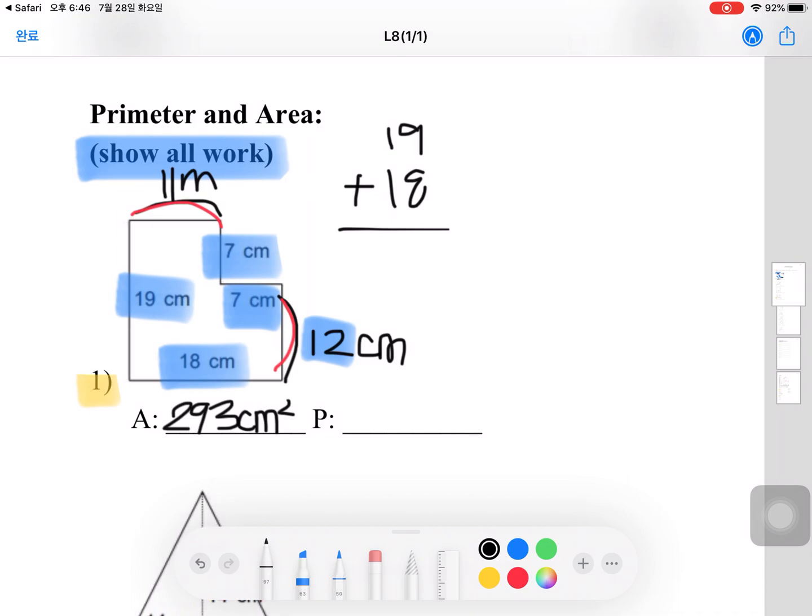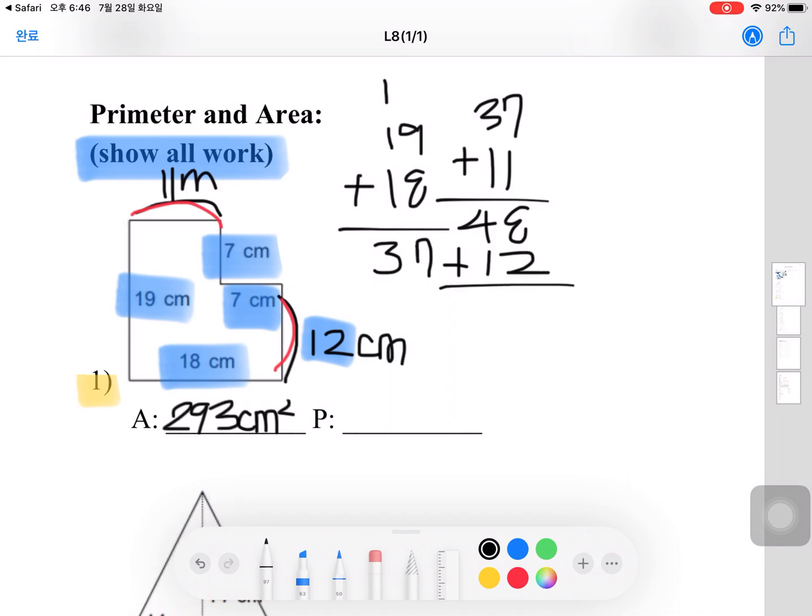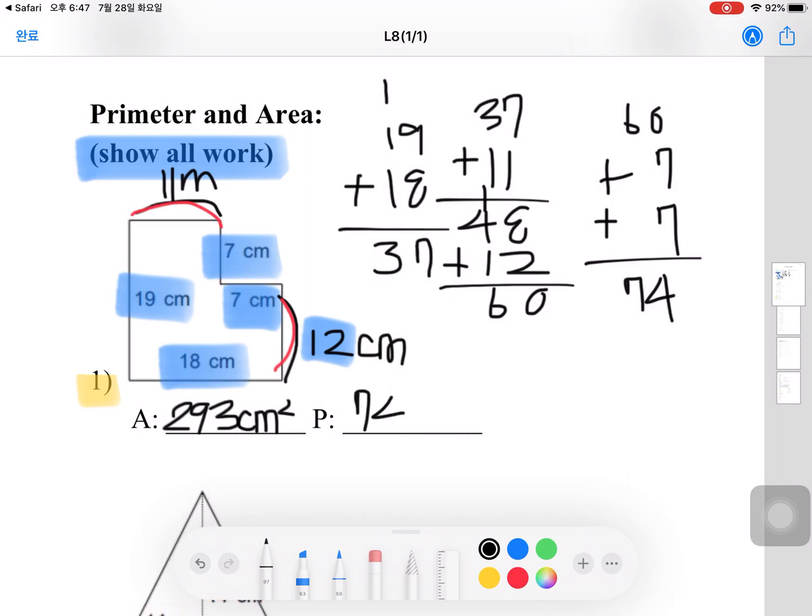We'll start with these two. 19 plus 18 is 37. 37 plus 11 is 48. 48 plus 12 is 60. 60 plus 7 is 67. So the total perimeter of this shape is 74 centimeters.